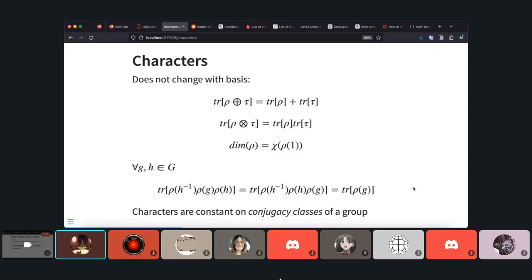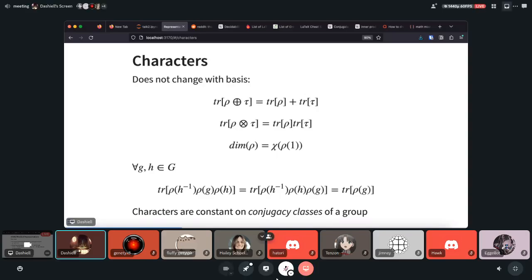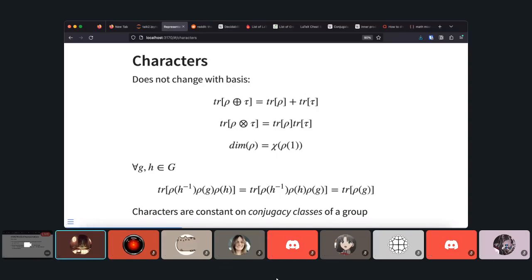What this means on the bottom here is that, because of the way the trace works, it has this cyclic property where, if you have three matrices, A times B times C, or here this is rho H inverse, rho G, rho H, then you can cyclically permute them, and the trace doesn't change.